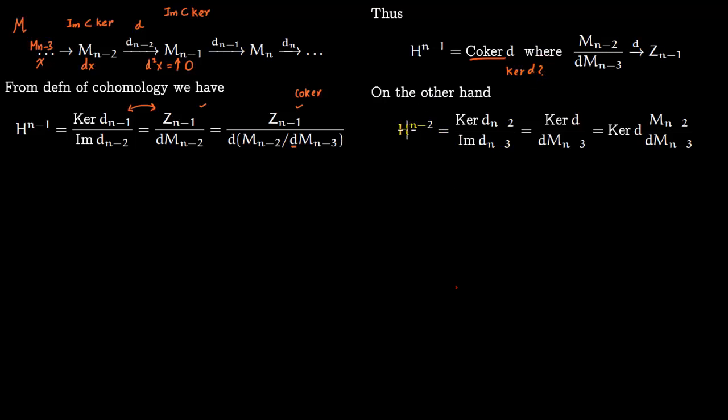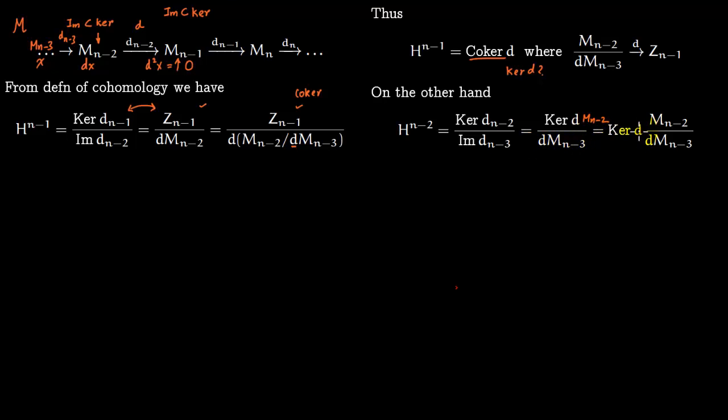First let us compute the cohomology group at this n minus 2. n minus 2 is right here. Again you have the kernel of the arrow going out over the image of the arrow coming in. So kernel of d n minus 2, image of d n minus 3, because coming in is d n minus 3. This d n minus 2 you just write as d, but this is d of M n minus 2, and you modulo out d of M n minus 3.